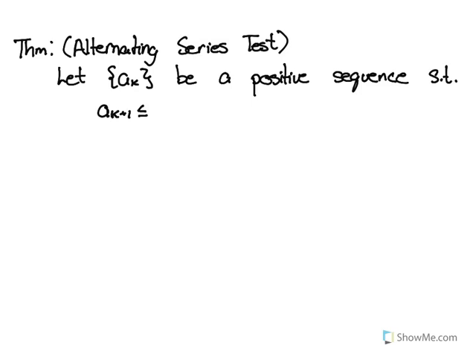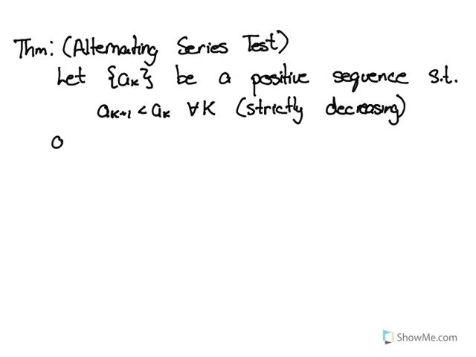Or sorry, it's strictly decreasing, so less than a_k for all k. And the limit as k goes to infinity of a_k is equal to 0. So if we have a positive sequence that's strictly decreasing and its limit goes to 0, then the corresponding alternating series converges.